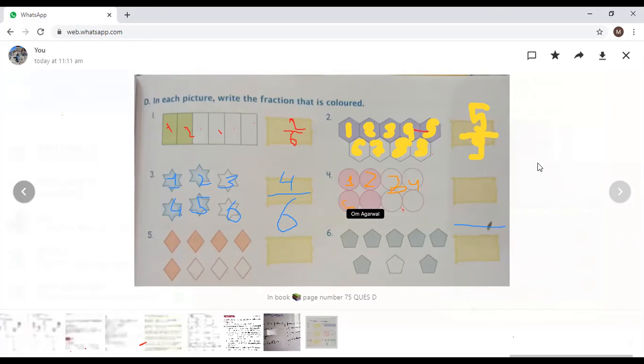And 6. 7, and 8. There are 8 boxes. So in denominator we will write 8. Good. And the colored boxes are 4. Yes. Then we will write in numerator 4. Very good, Om.